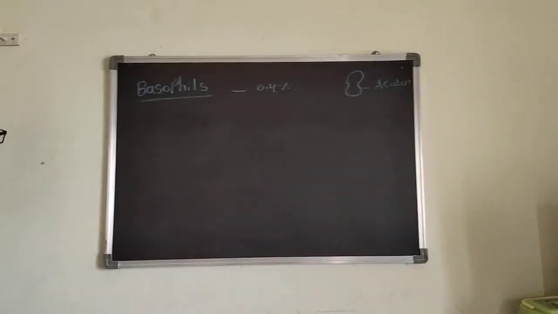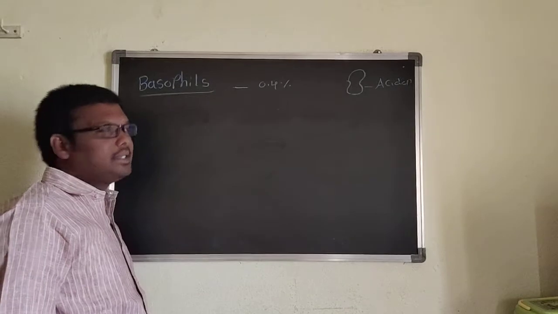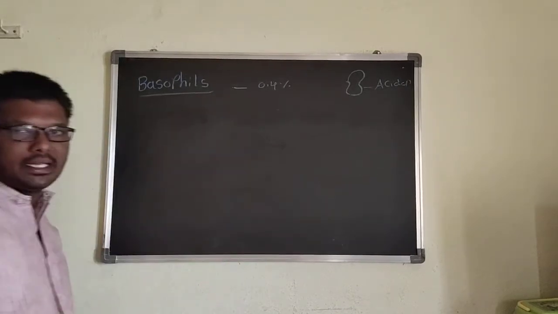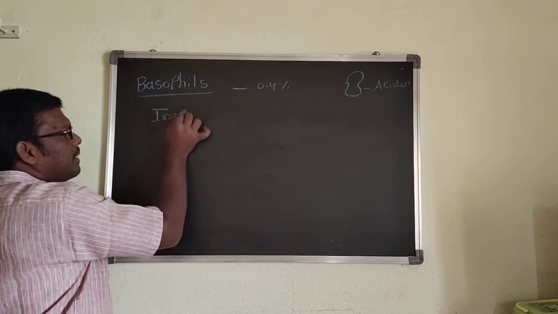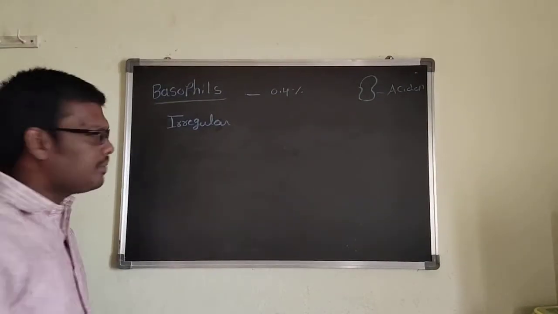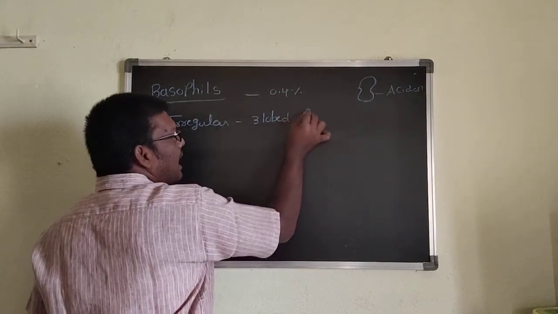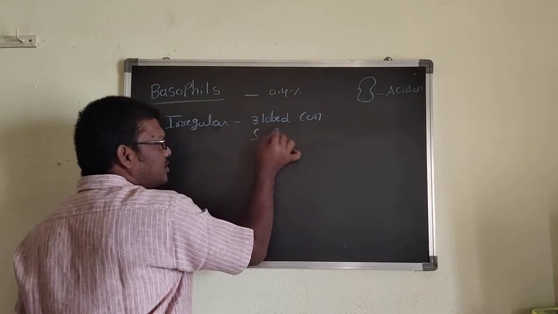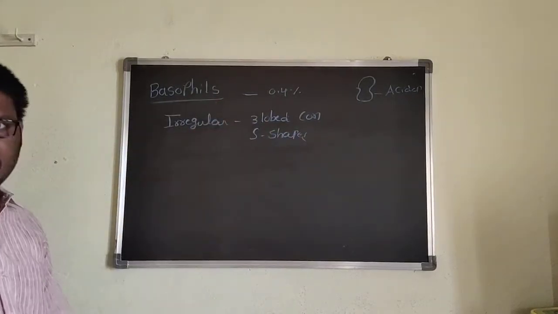And in basophils, the granules are stained with base, that's why they are called basophils. And the nucleus is an irregular shaped nucleus. Irregular shaped nucleus or three-lobed nucleus or S-shaped nucleus can be seen in the basophils.